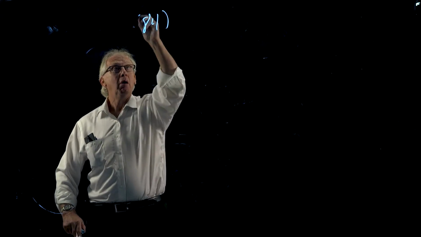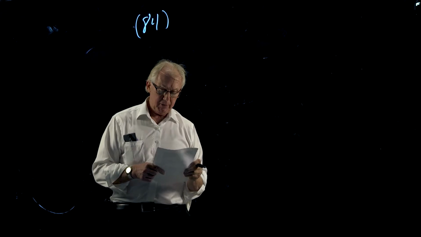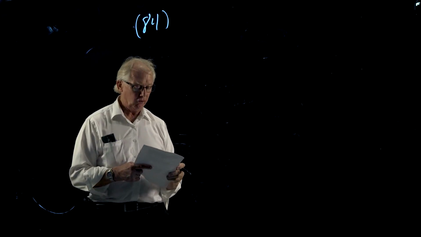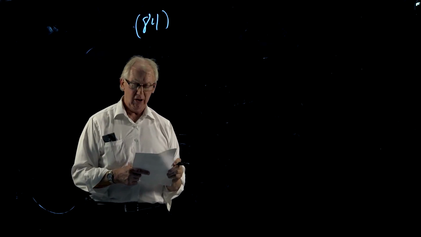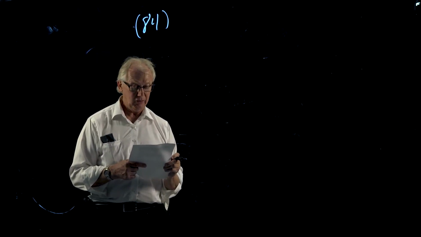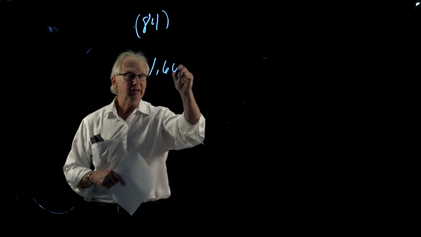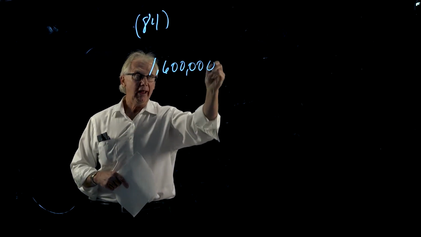Okay, let's look at the next problem down, number 84. Johnstown Company manufactures two products, board 12 and case 165. Johnstown's overhead costs consist of setting up machines, $1,600,000. I always write everything down. This is overhead.